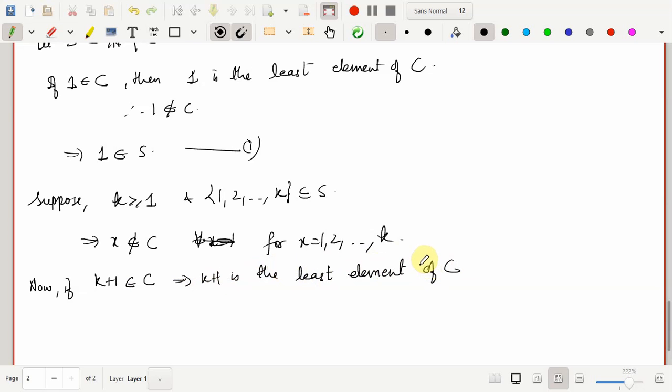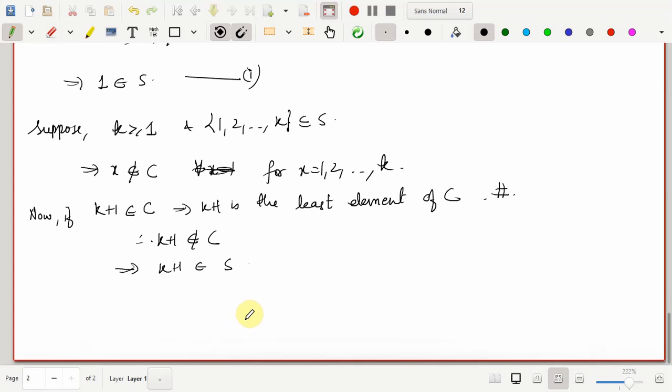So now what we have shown is that whenever 1, 2 till k is a subset of S, this implies that k plus 1 is also an element of S. Then this satisfies the second hypothesis of strong induction principle, and therefore S has to be equal to N. So in fact we have proved that 1, 2, dot dot dot till k, whenever it's a subset of S, k plus 1 is an element of S, right?